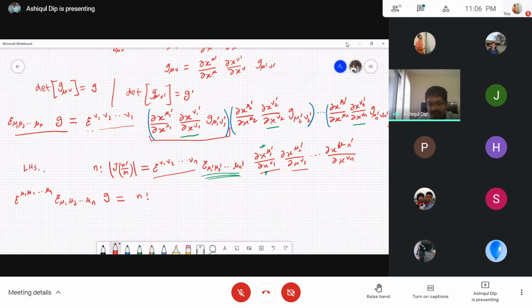What happened to the right hand side? On the right hand side, you can collect this E nu1, nu2 up to nu n with these terms, right? So delta x nu 1 prime by delta x nu 1, delta x nu 2 prime by delta x nu 2 up to delta x nu n prime by delta x nu n.